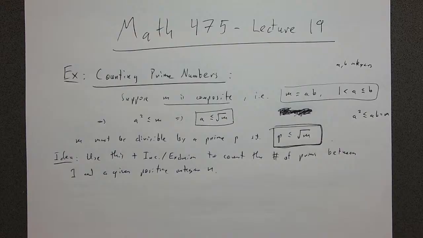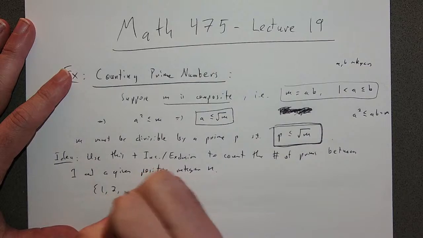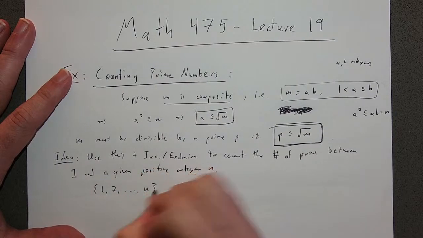So how do we go about doing this? Let's start with the set containing the positive integers 1 to n.